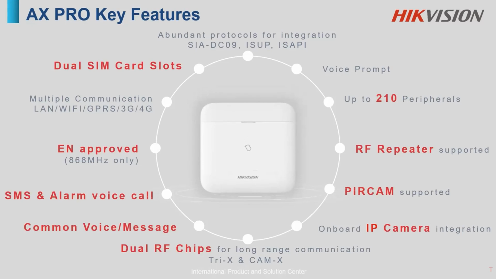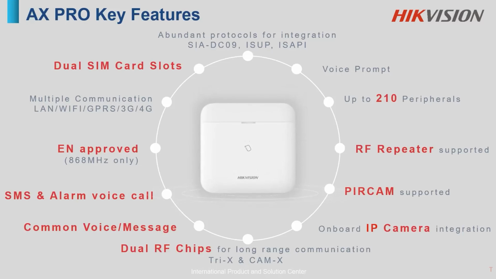And also, we have a whopping 210-plus peripherals which can be connected to these alarm panels. Definitely the RF repeaters are there if you want to expand your area and fix the devices in long range situations. As well, we have a PIR cam where you can do real-time picture verification.